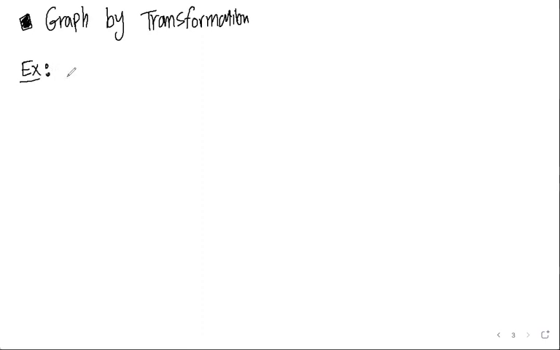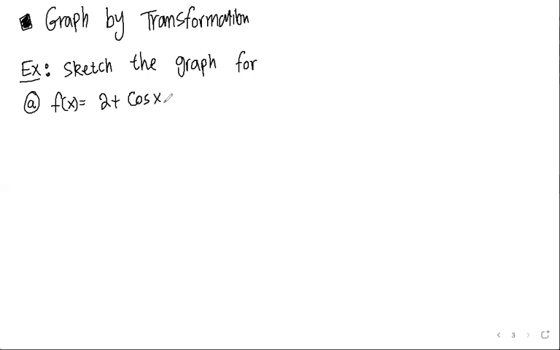Example: sketch the graph for a, f of x equals 2 plus cosine x, and b, graph g of x equals minus cosine x.